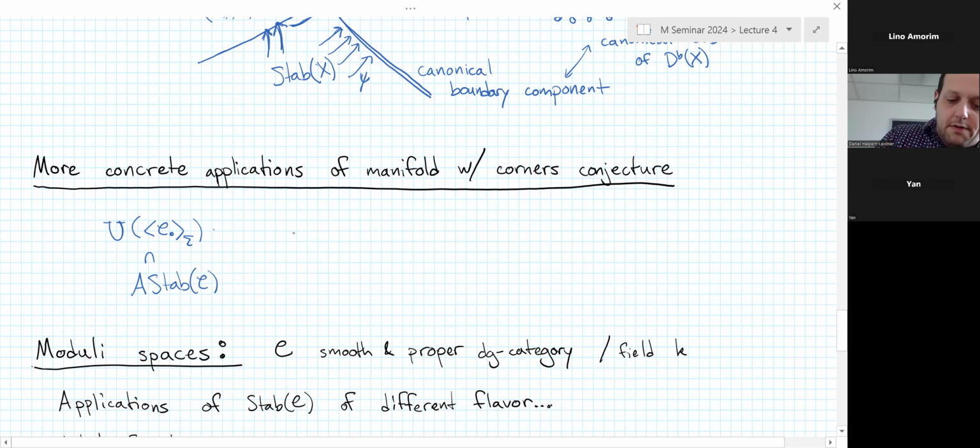And then there's this sort of log central charge map. So if you take a collection of objects that give you a basis in K-theory, you get this log central charge map, and the image lies in these sort of canonical open subsets that sit inside the real-oriented blowup of this moduli space of multiscale lines.